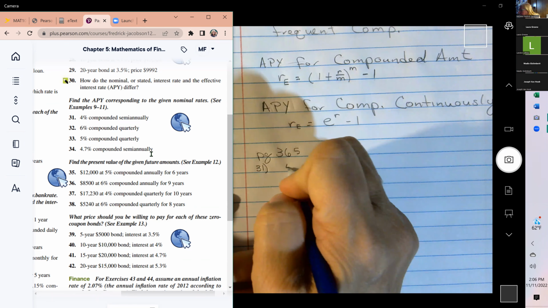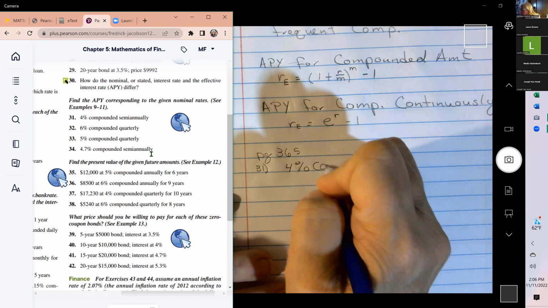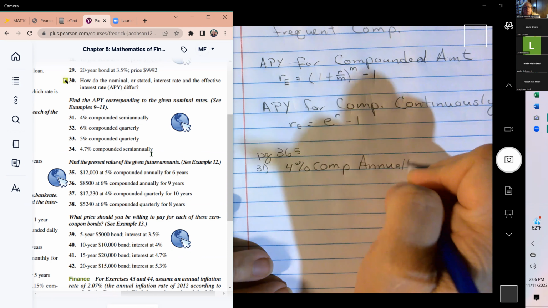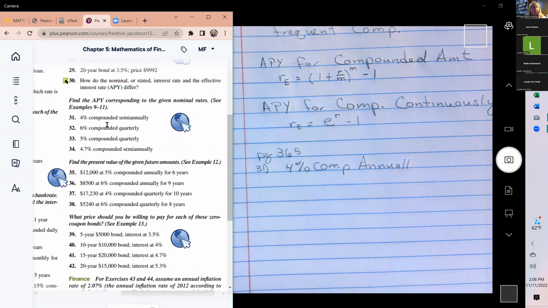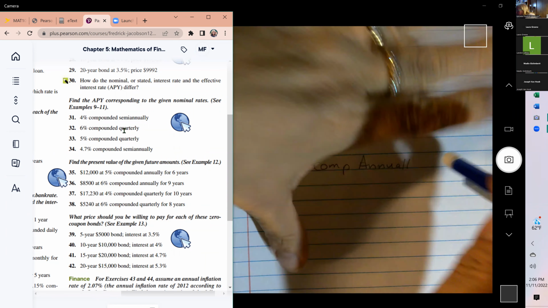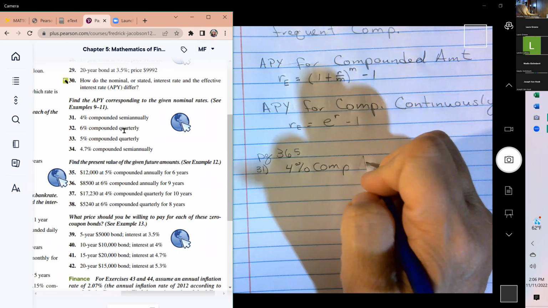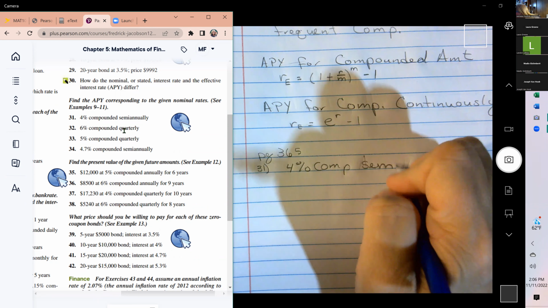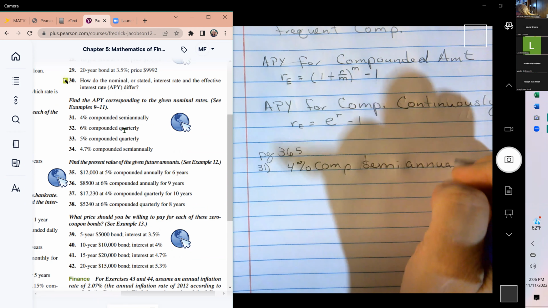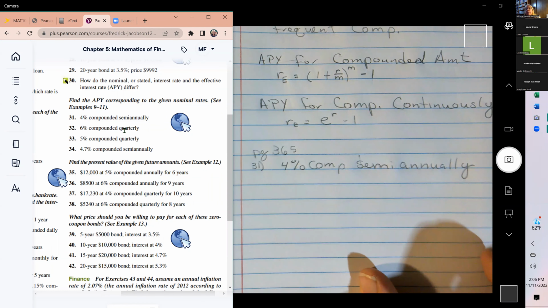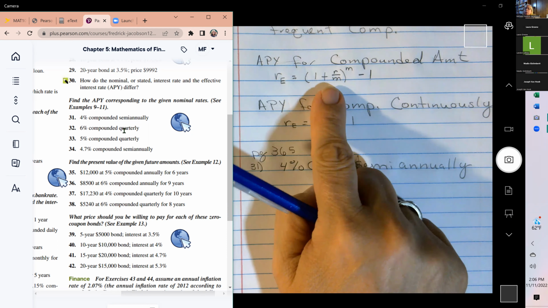So 4% compounded annually. Whoops. Semi-annually. Semi-annually would be a compounded amount.